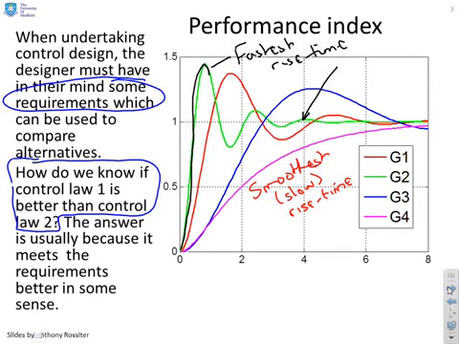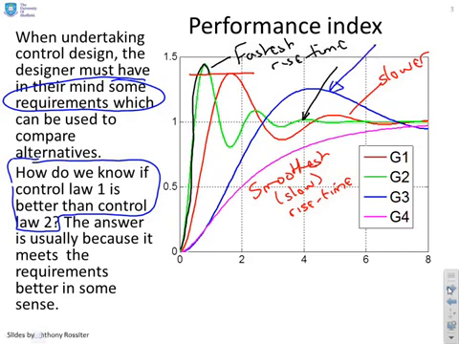What about the red one, G1? Well, the red one's got a slightly smaller overshoot than the green one, but it's slightly slower. So you've got a decision here. You might say, well, it's got a smaller overshoot and that's quite an important criteria, so I prefer the red one to the green one, and I accept that it's a little bit slower. What about the blue one?